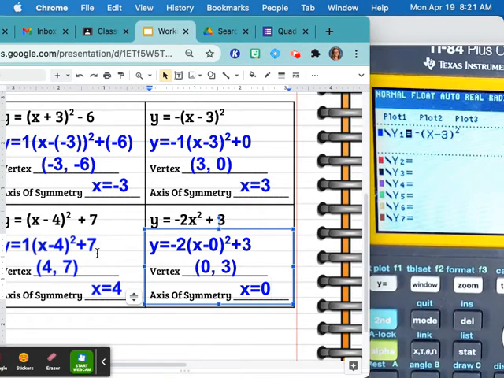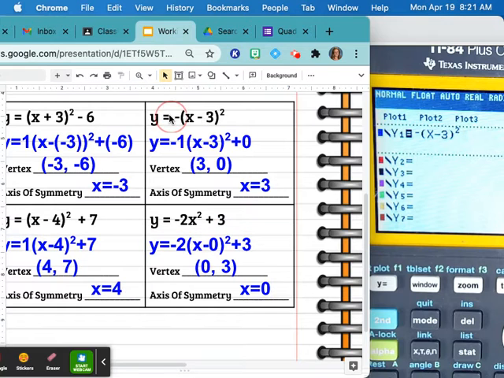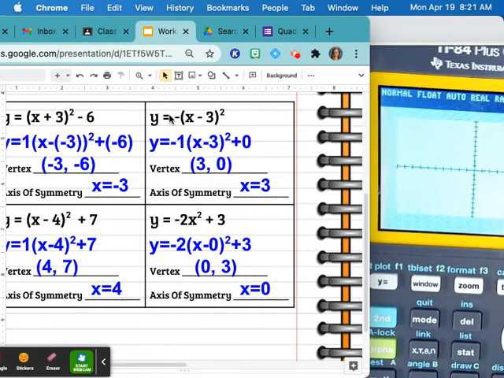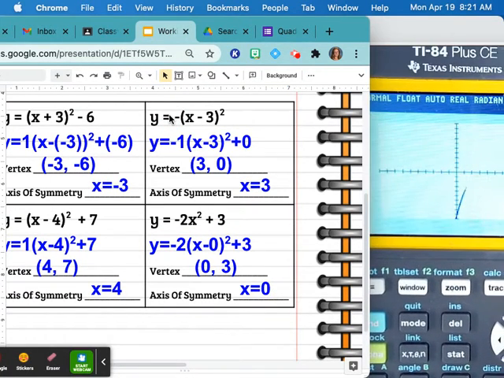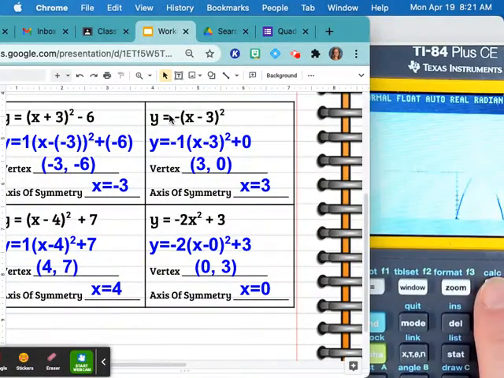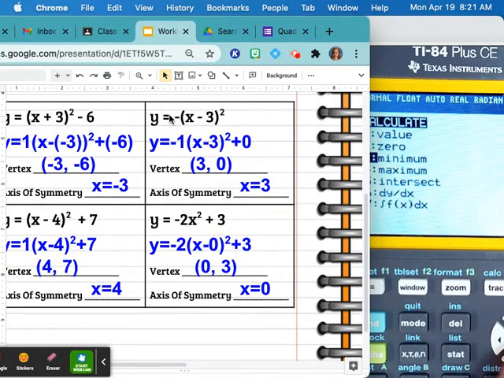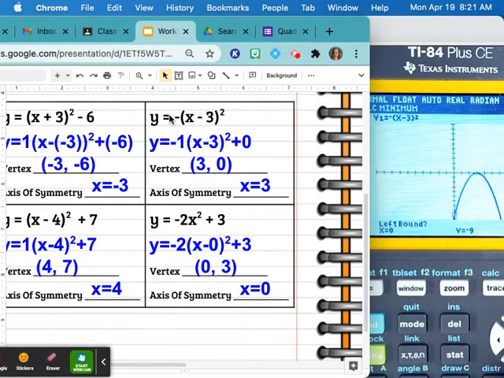I'm going to put it in just like they gave it to us. Second trace, minimum. Find where that minimum is.